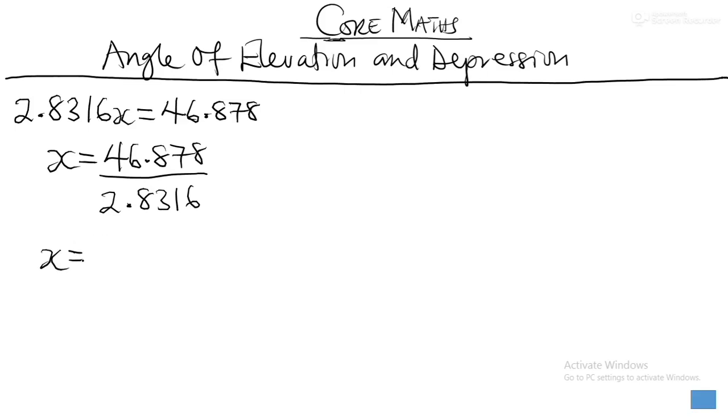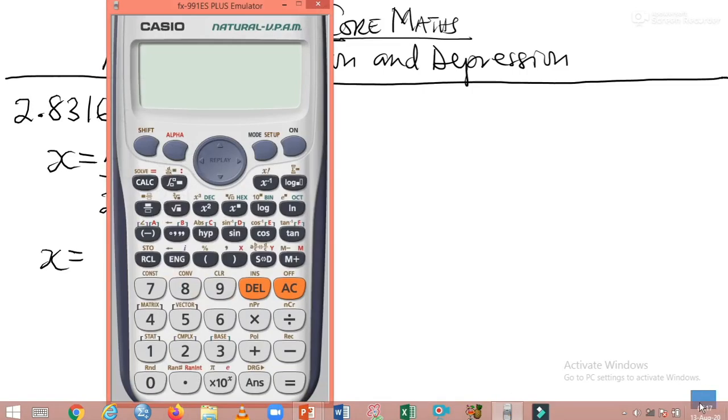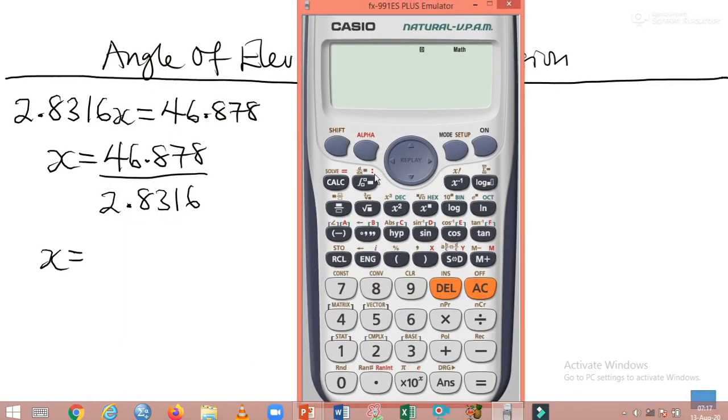Okay, so we need our calculator again. 46.878 divided by 2.8316. Let's see what we get. So we are getting 16.5553.